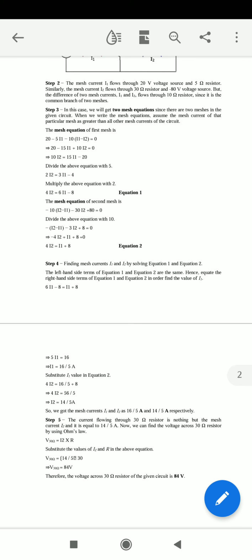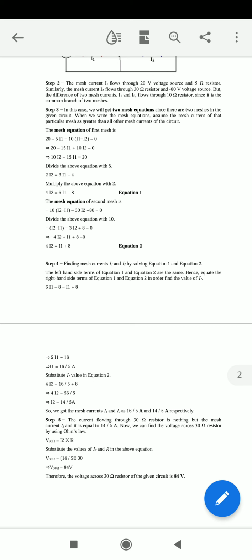Dividing the equation by 5, 2 I2 equals 3 I1 minus 4. Multiplying by 2, 4 I2 equals 6 I1 minus 8.